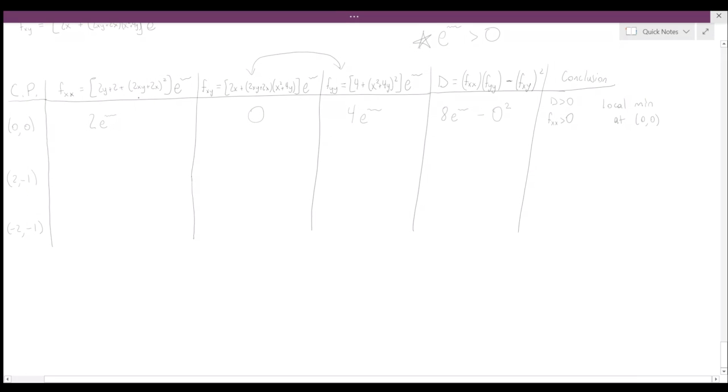Look here, if I plug in 2 for x and negative 1 for y, that's going to give me negative 4. And then 2 times 2 is 4. So actually, this term also becomes 0. So what I'm saying is every bracket was 0. So that's just going to be 0.